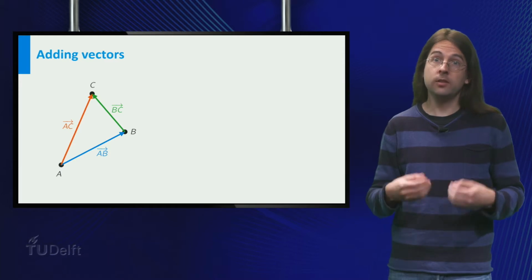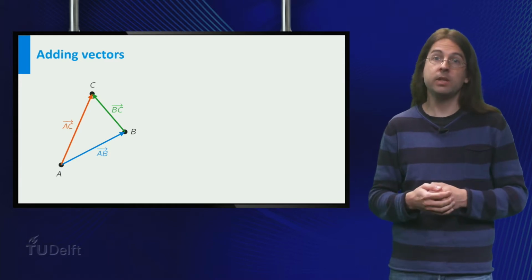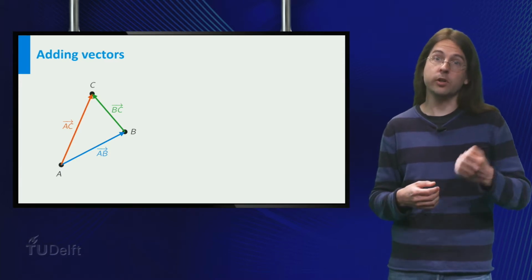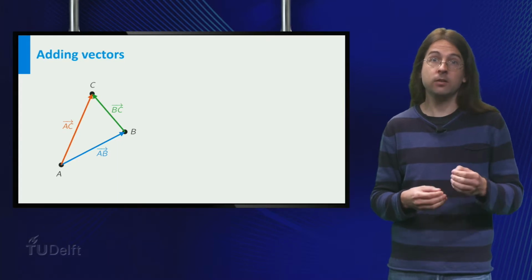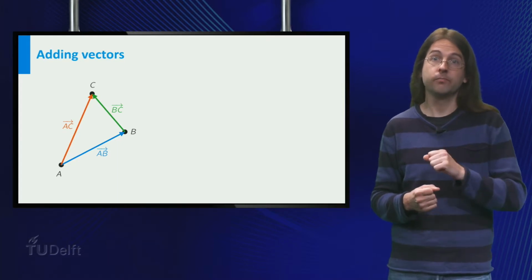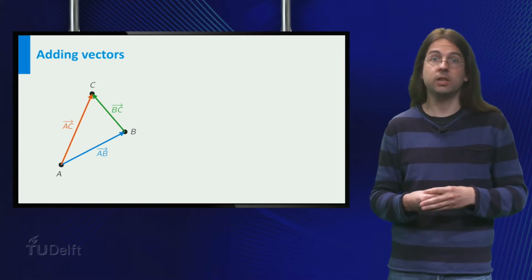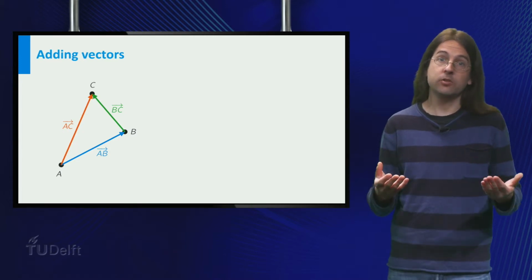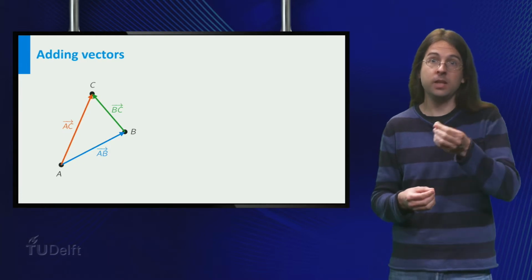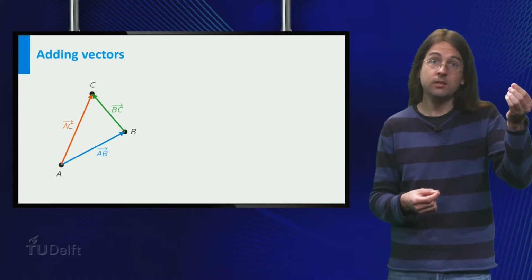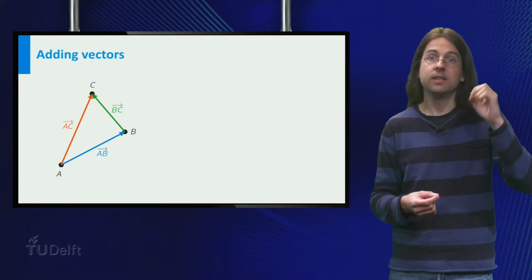Now, consider 3 points in the plane, A, B, and C. 2 points define a vector, the vector from one point to the other. The vector from A to B is called simply AB. What happens if you first move from A to B and then from B to C? That's right.